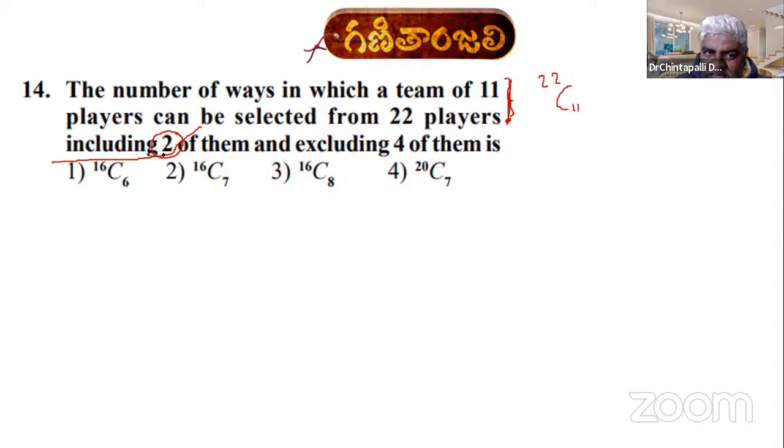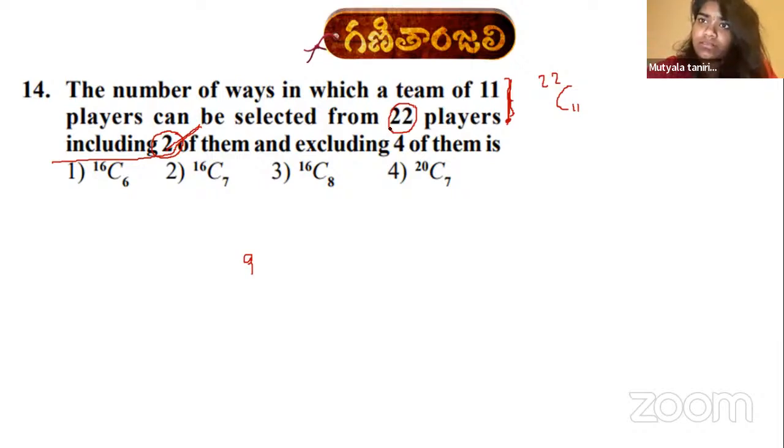If the question is extended to include 2 persons, that means out of these 22 persons, 2 are recommended players. So those 2 persons must be selected, irrespective of their talent. Including 2 means selecting only 9 more members, because 2 players have already been selected.